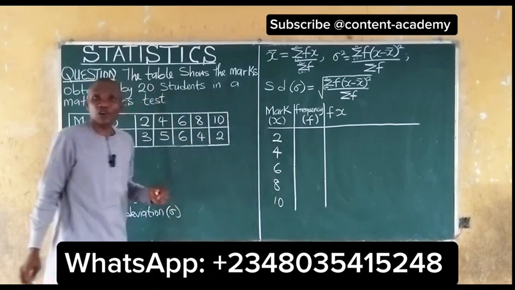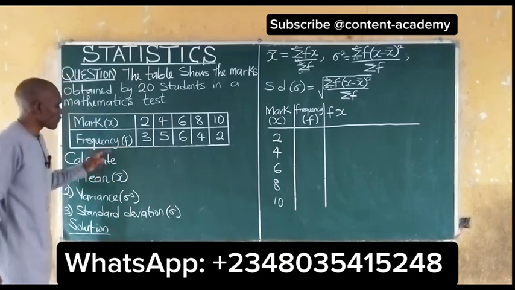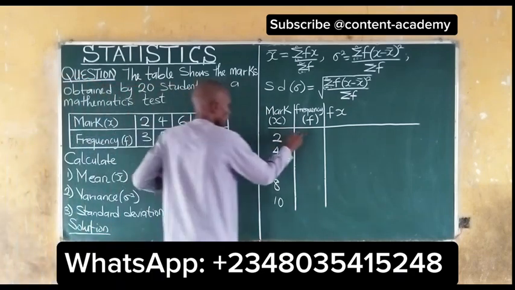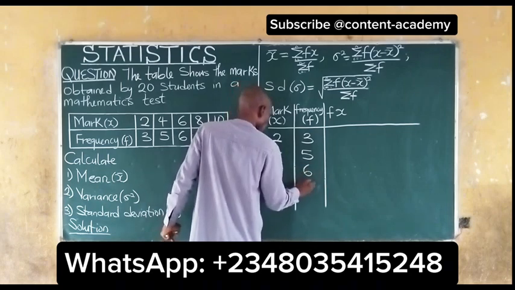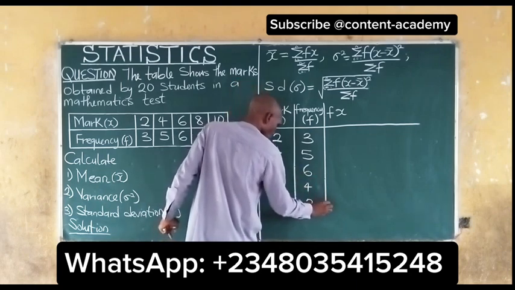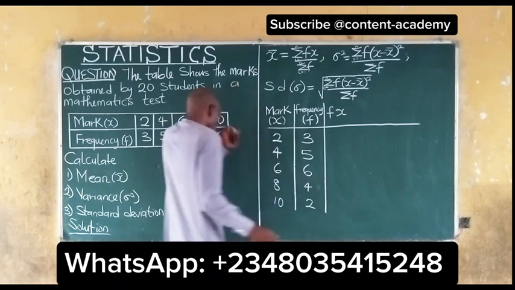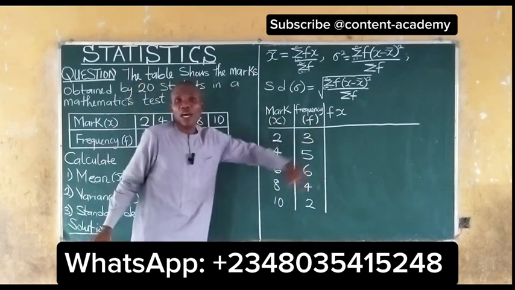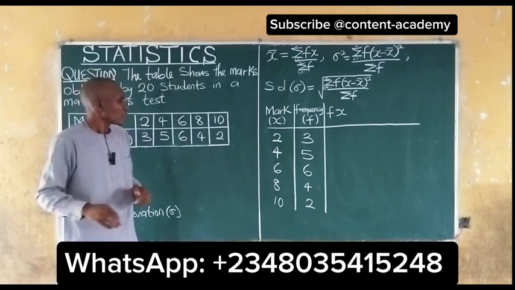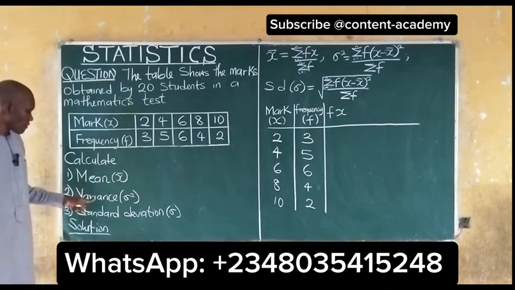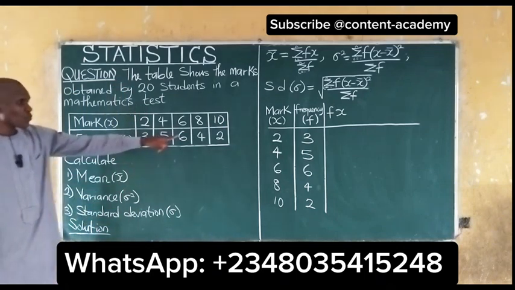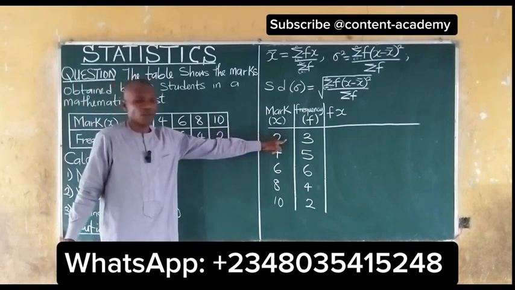The values for x are 2, 4, 6, 8, and 10. For the frequency we have 3, 5, 6, 4, and 2. Now, we also have f of x. How do we compute f of x? For us to calculate the mean, the variance, and the standard deviation, we must write the table in this form.